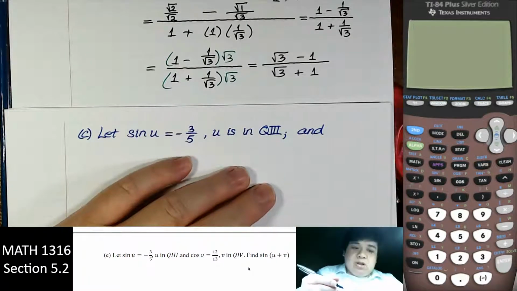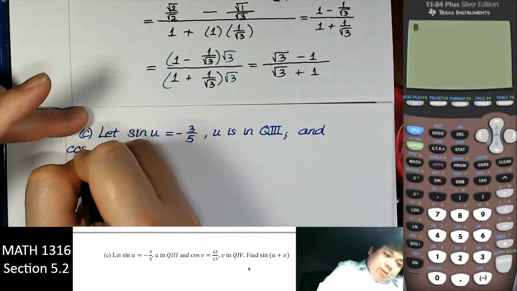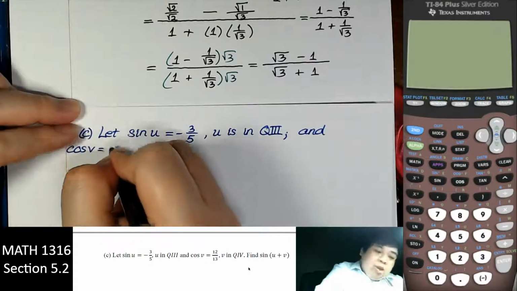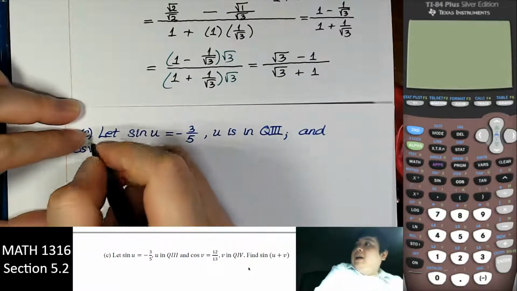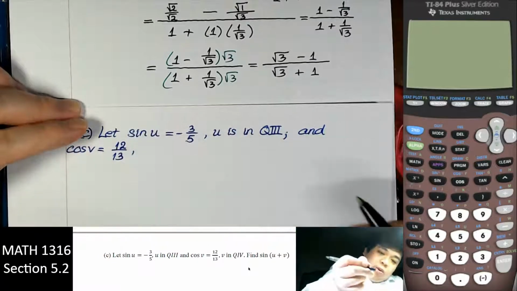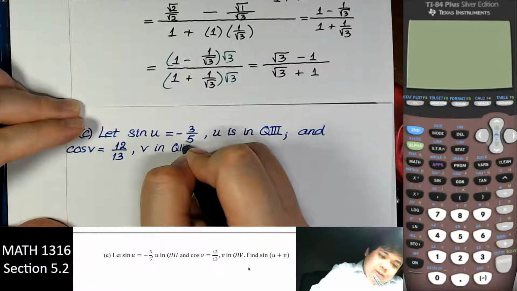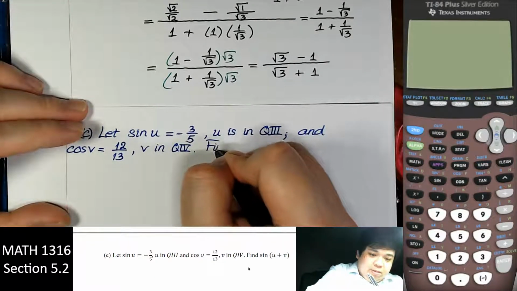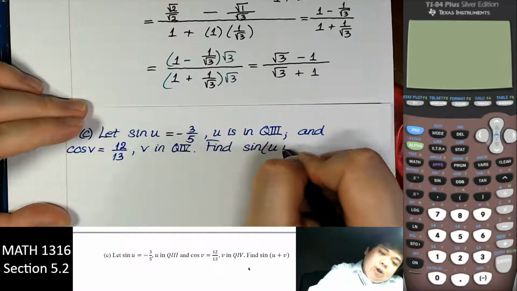And we have cosine of v equal 12/13, and v is in quadrant 4. Now we need to find sine of u plus v.